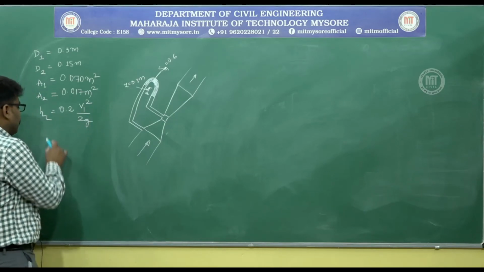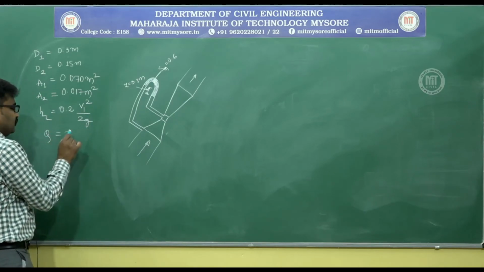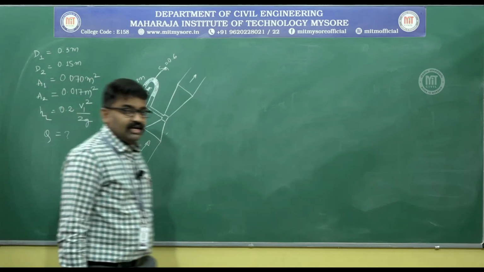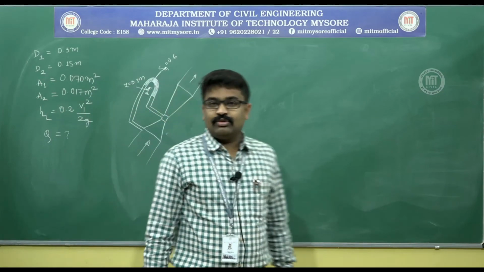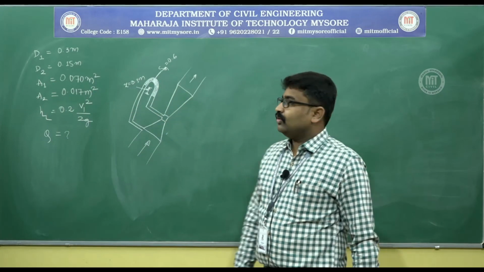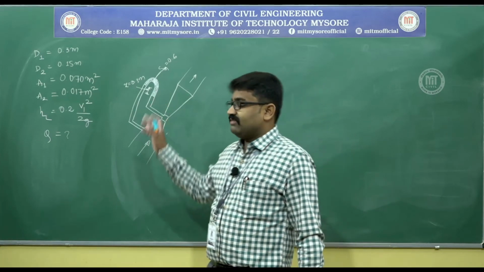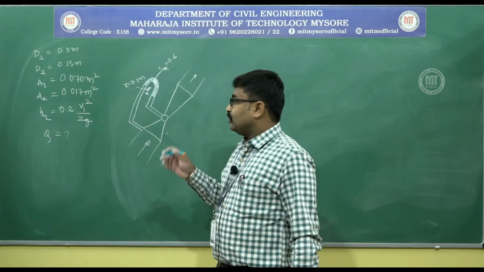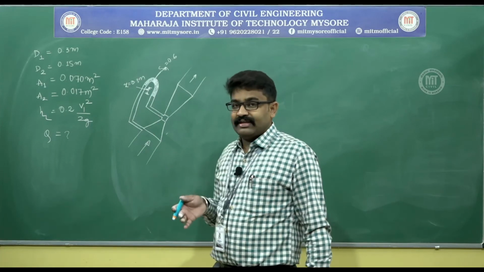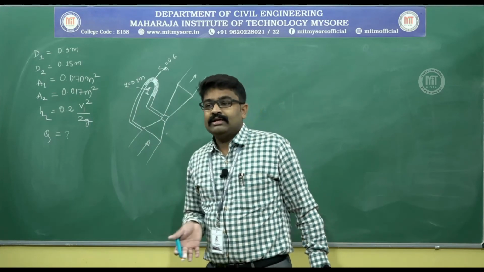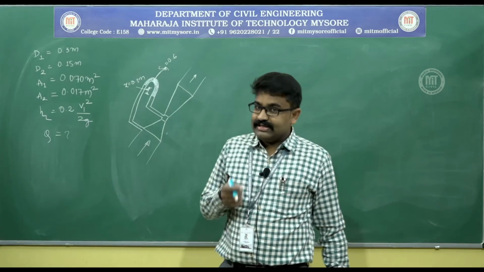Using this, what needs to be calculated? Discharge needs to be calculated. What is the equation for discharge? Equation for discharge is Q is equal to CD A1 A2 root 2G H divided by root of A1 square minus A2 square. I have A1 and A2, but to calculate H, do we have everything? If you can calculate H, you can solve the problem. But what actually is H?